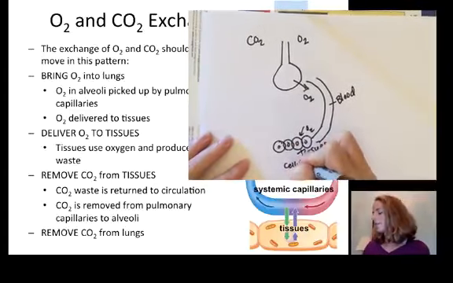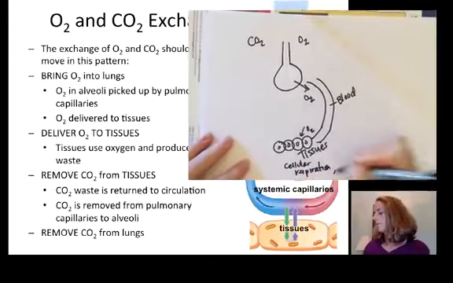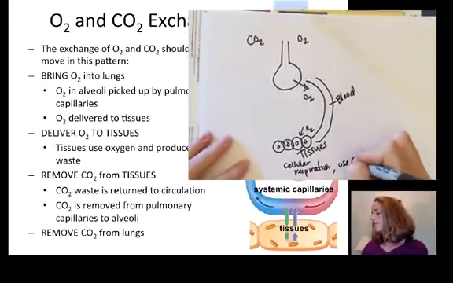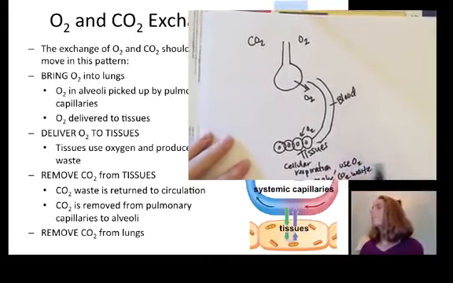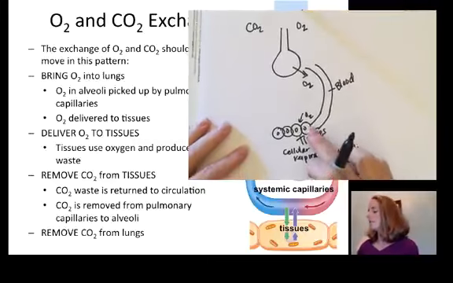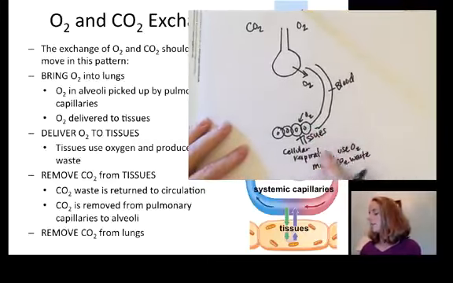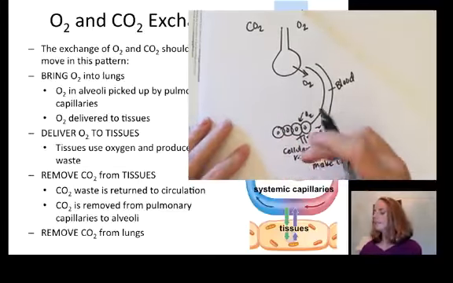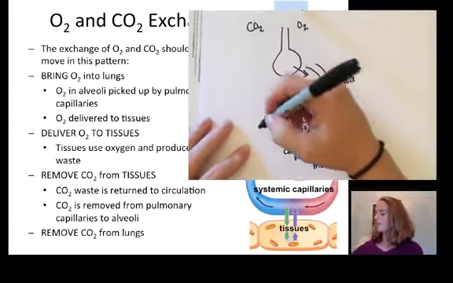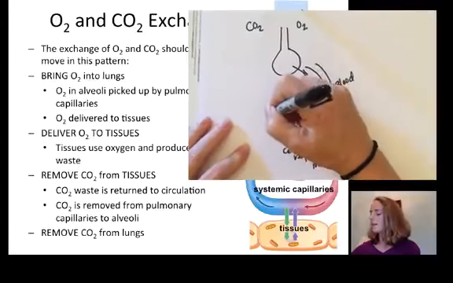Cellular respiration is going to use oxygen and make carbon dioxide waste. So the oxygen in the tissues will now go down and be used up as the tissues are doing cellular respiration. And then the tissues are going to make carbon dioxide.